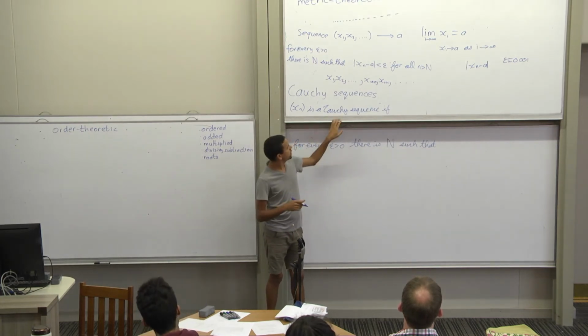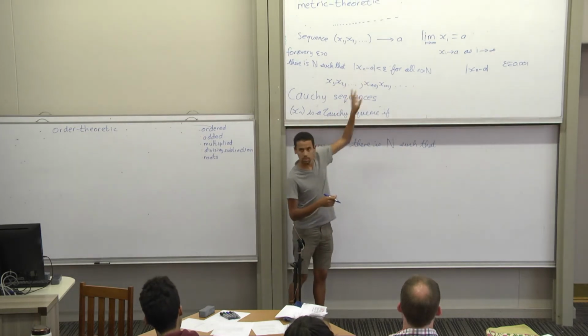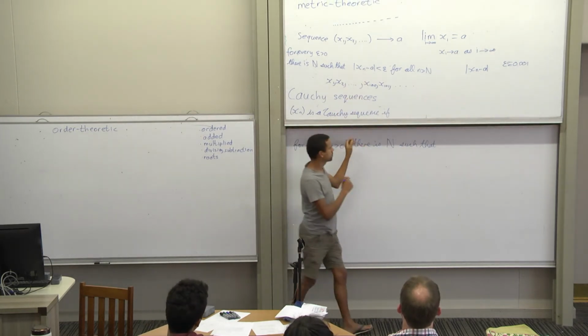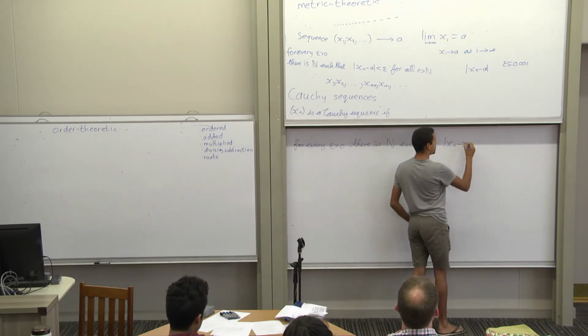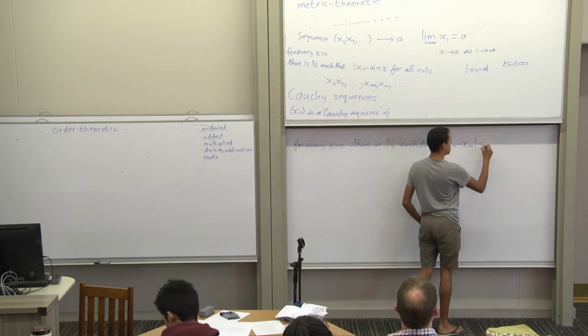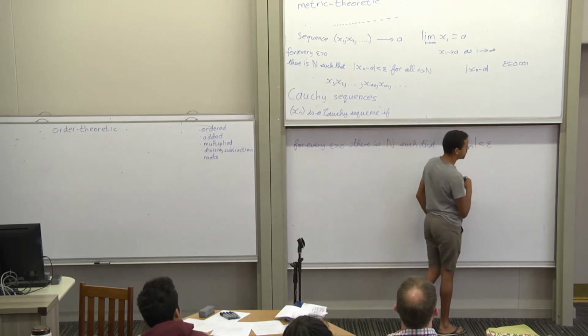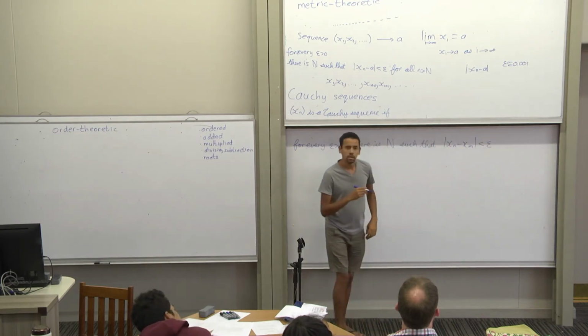So what we do is consider the difference between two elements of the sequence. Let's say xn minus xm should be less than epsilon. Is there any reason it can't just be n plus 1?